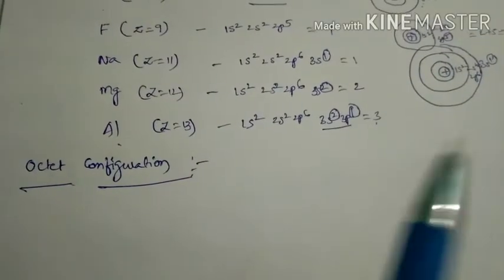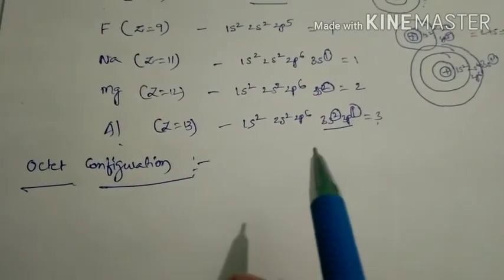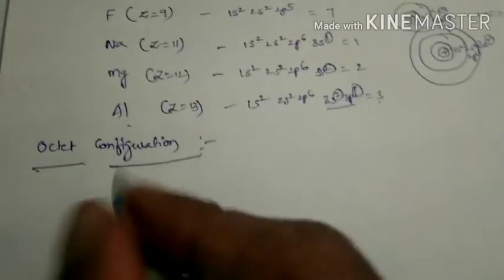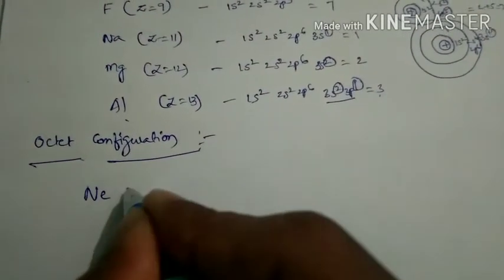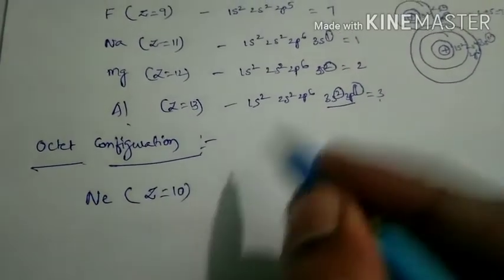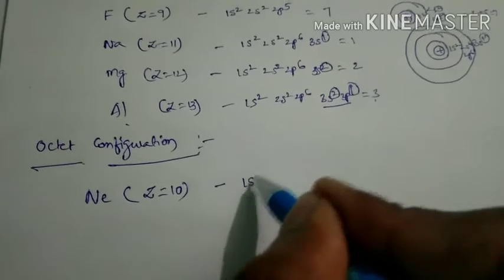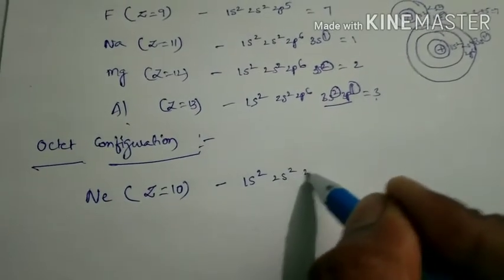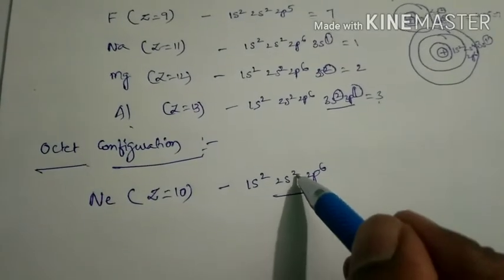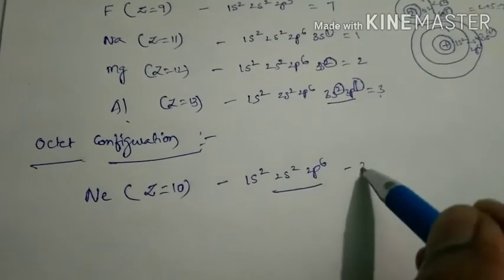What is the meaning of octet configuration? If an atom has 8 electrons in the outermost orbit, that is called octet configuration. What is the next point? If an atom has 8 electrons in its outermost orbit, then it will be more stable. For example, take neon. Atomic number 10. Its electronic configuration is 1s2, 2s2, 2p6. This is the outermost orbit. It contains how many electrons? 2 plus 6, how many? 8 electrons.